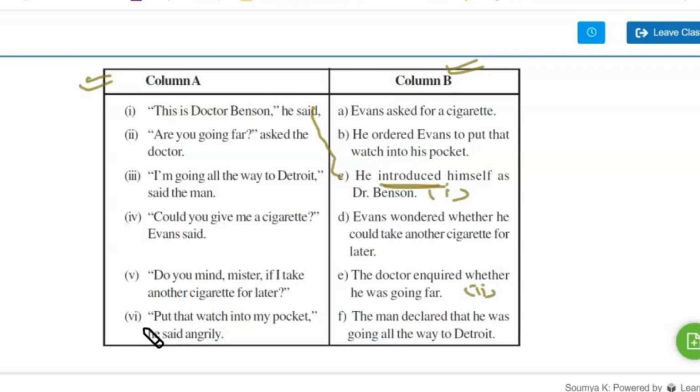If you see F, the man declared that he was going all the way to Detroit. That would match the third sentence. See the words inquired, declared. These are the acts that happen when they are saying those speeches. That is a good word for explaining.